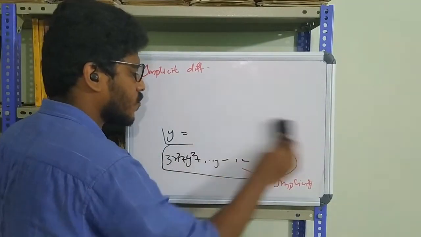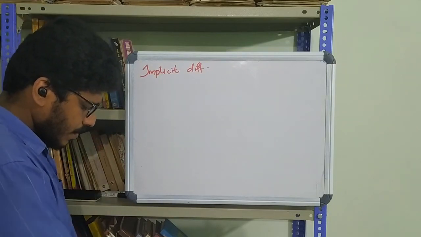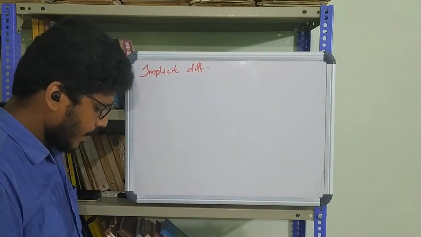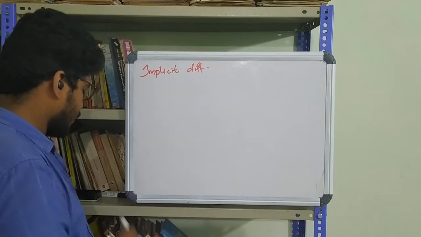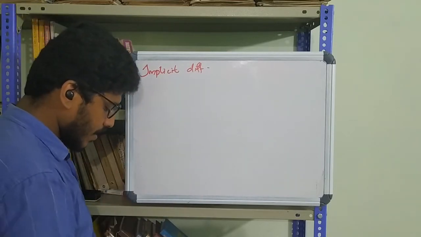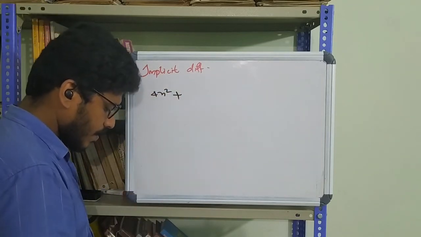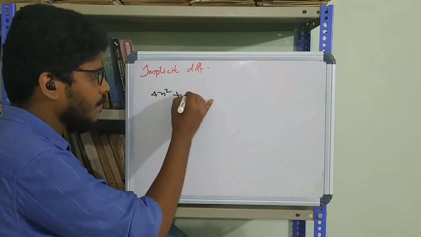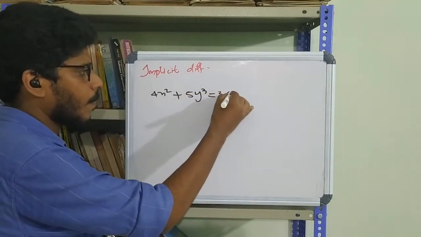Right, so let's choose an example first. Consider the equation, let it be a simple one first: 4x square plus 5y cube equal to 39.